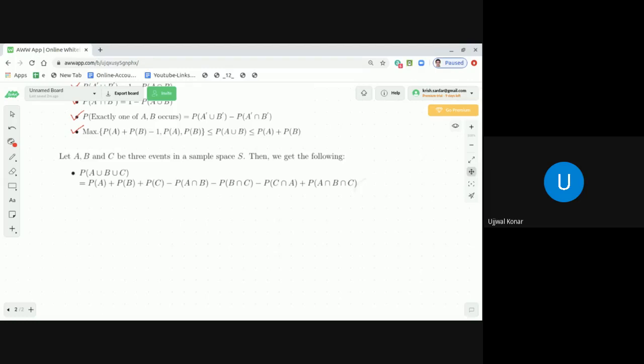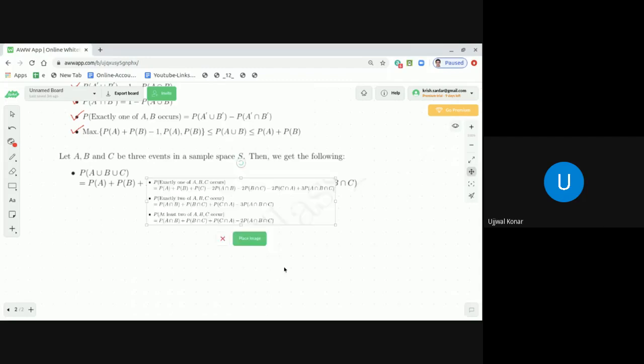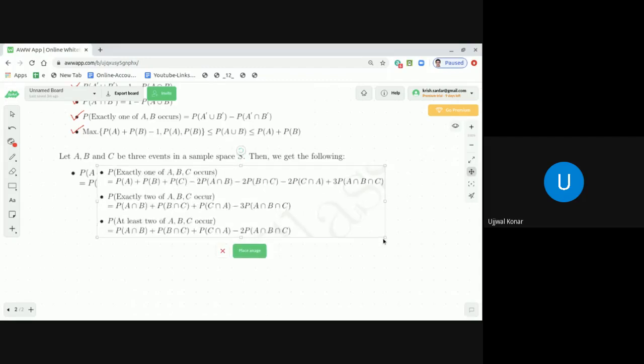Correct, dear students? Now, as I said a minute back, this is one of the important formulas when three events are involved. Apart from that, there are three more I'm going to tell you, and remembering these three formulas will help you solve relatively complex problems in a much simpler manner. What is that?